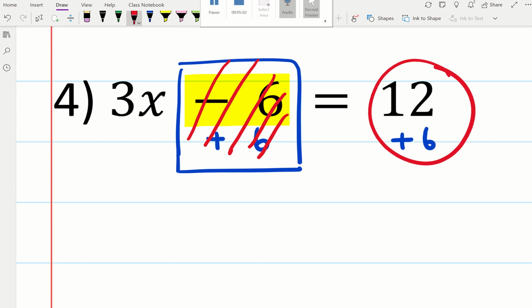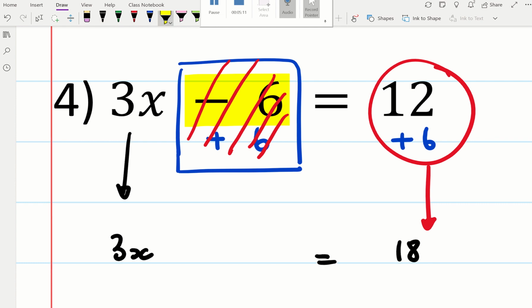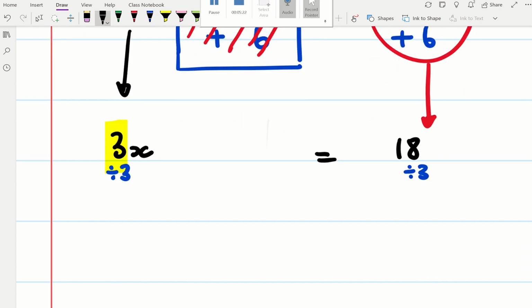And I have to work this out: 12 plus 6. 3x equals 18. The number that I'm multiplying x by is 3. So I need to do the opposite. Divide by 3, divide by 3. So x equals 6.